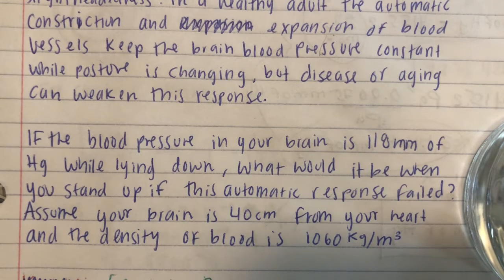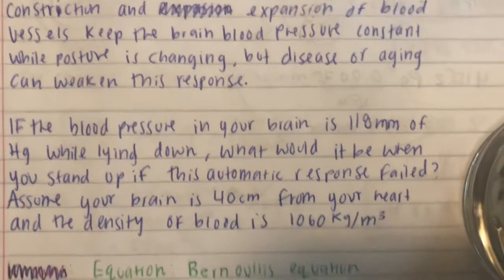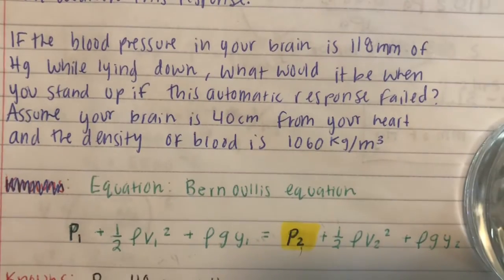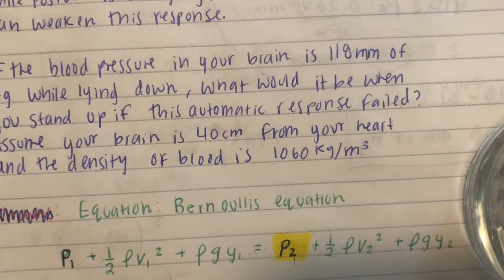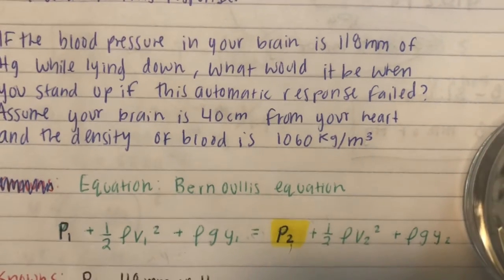It gives us pressure, a distance, and the density of blood. So because of these elements, you should automatically think to use Bernoulli's equation, which has to do with fluid flow, pressure, distance, and velocity. So this is the equation we'll be using today.